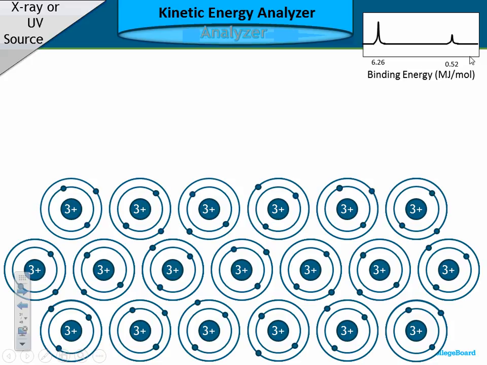So 0.52 would represent the valence electrons, whereas 6.26 would represent those core electrons. And that would be twice as many core electrons as there are valence electrons. And that gives us some information about the energy levels of the electron. So that first energy level has 2 electrons. That would be the one that corresponds to the 6.26 binding energy.